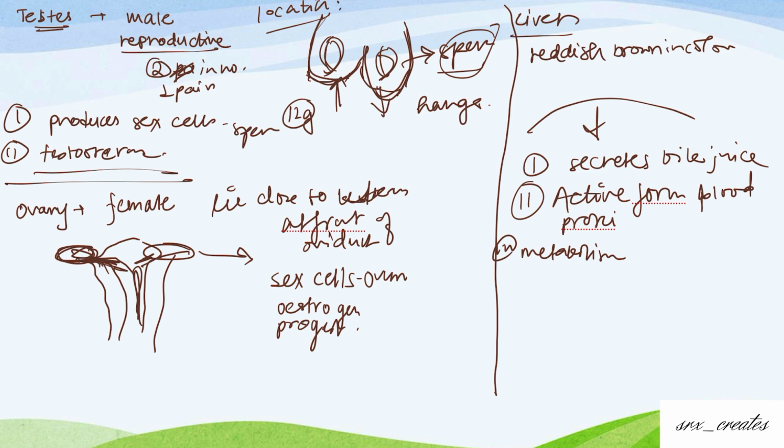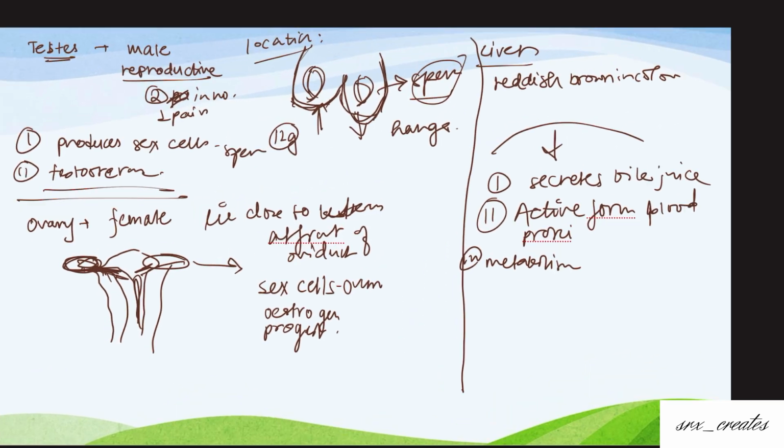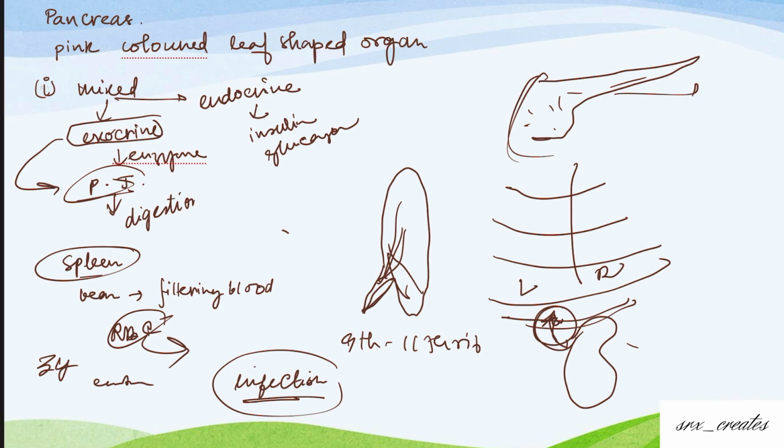Now we are done with brain, spinal cord, kidney, lungs, heart. I think we are very close. Now, lungs. What are lungs?